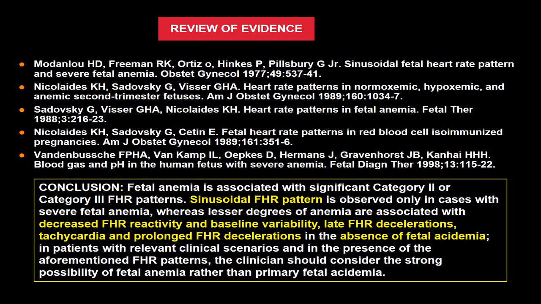A review of the relevant literature reveals that sinusoidal fetal heart rate pattern is rare and it is observed only in cases with severe fetal anemia, whereas lesser degrees of anemia are associated with decreased fetal heart rate reactivity and baseline variability, late fetal heart rate decelerations, tachycardia, and prolonged fetal heart rate decelerations in the absence of fetal acidemia.